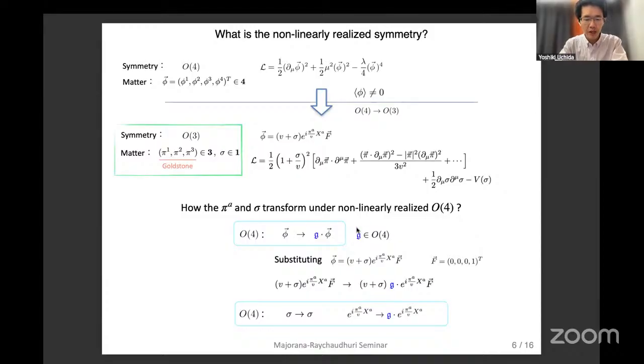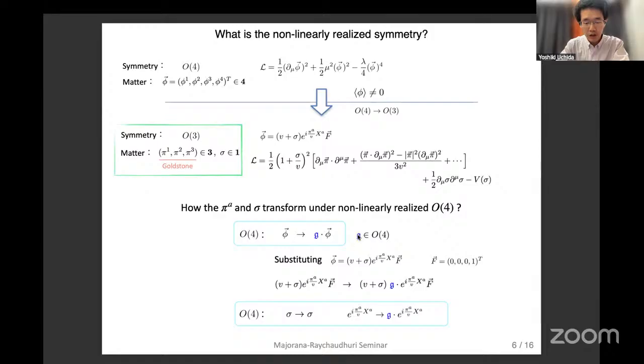Naively, we can define this field transformation under the O4 by substituting this expression into the original transformation law. G, the blue colored G, is the O4 transformation matrix. And if we substitute this expression in terms of the broken phase fields into this transformation law, we can naively assign these transformations.